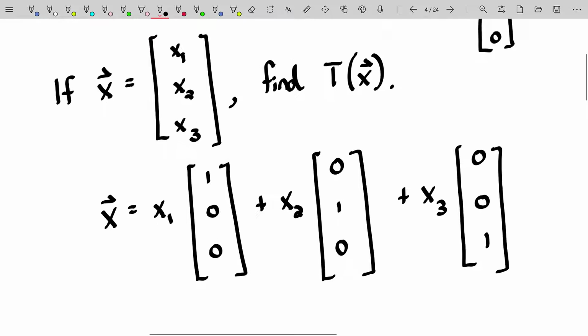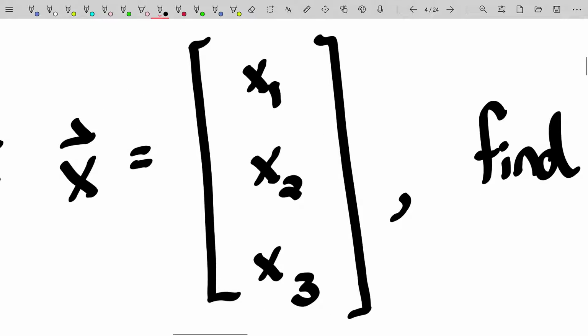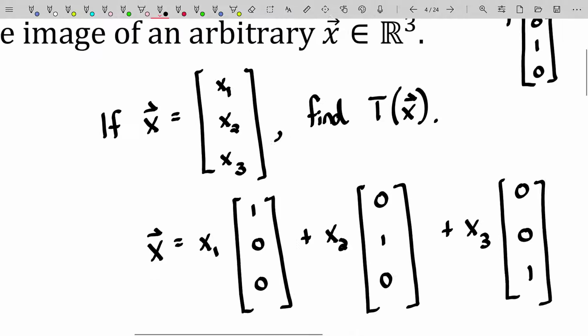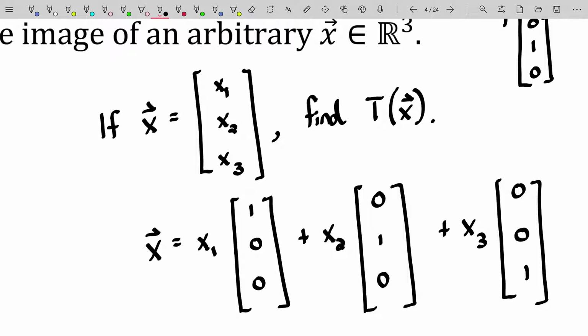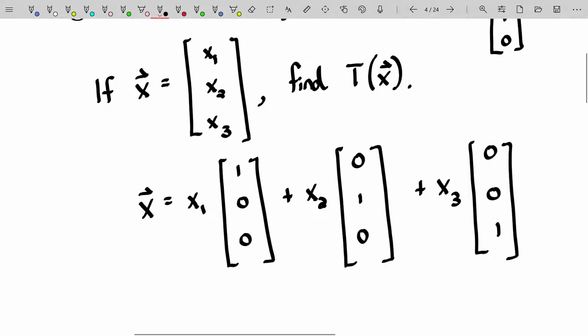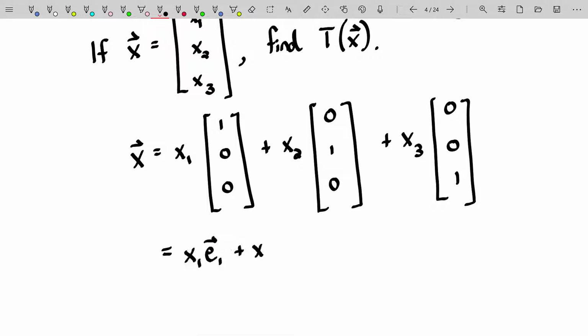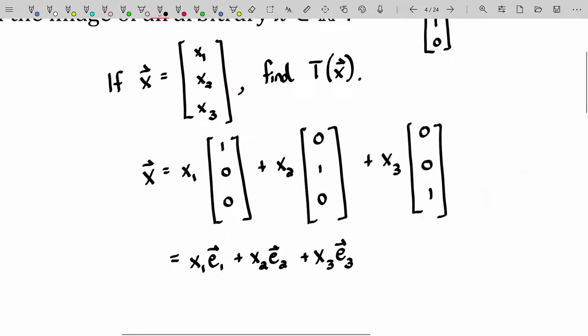And I hope you would agree that honestly you could break apart this vector right here into component pieces. It's just x1 times (1, 0, 0) plus x2 times (0, 1, 0) plus x3 times (0, 0, 1). Or in other words, it's x1 times e1 plus x2 times e2 plus x3 times e3.